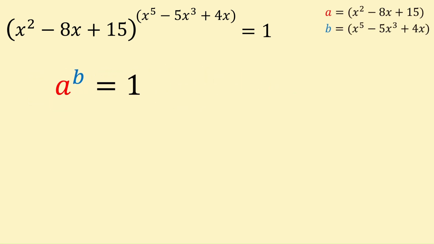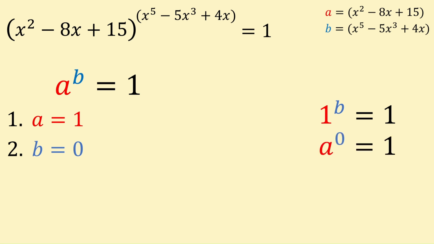Keeping a and b at the top right, one case is when a is 1. Whatever the value of b, 1 raised to the power of anything is just 1. Another set of solutions occur when b is 0, as anything to the power of 0 is again just 1. Be careful though of when a is 0 as well.